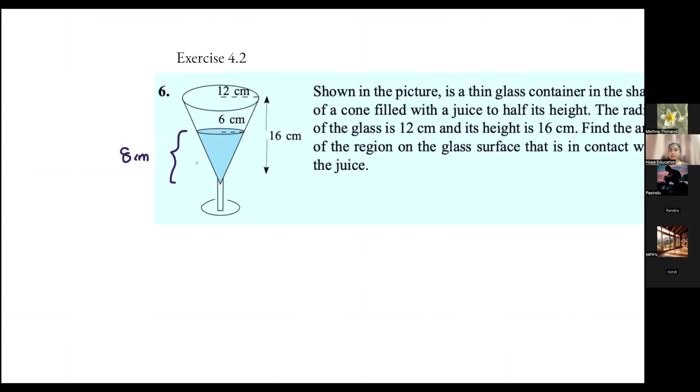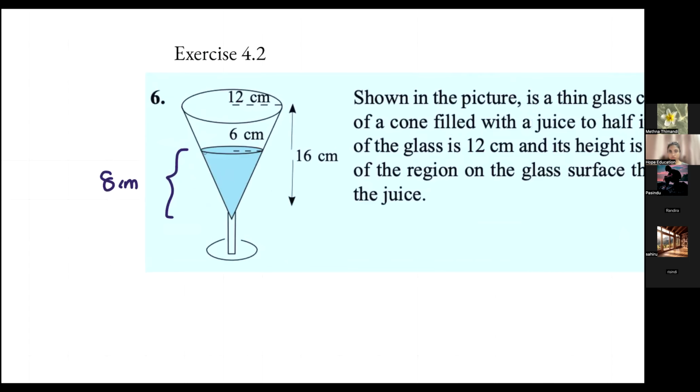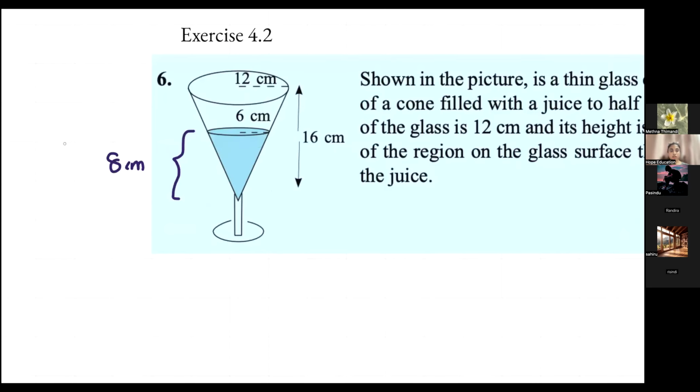So forget about the entire glass container and just look at the part that is filled with juice, right? If you just look at this one, this also looks like a cone, no? The juice-filled part alone, that is also a cone. Look, we have a circular face and a curved surface.